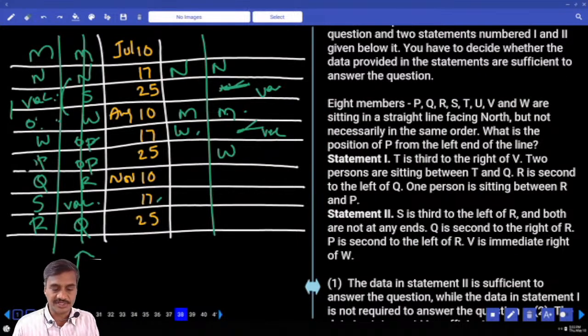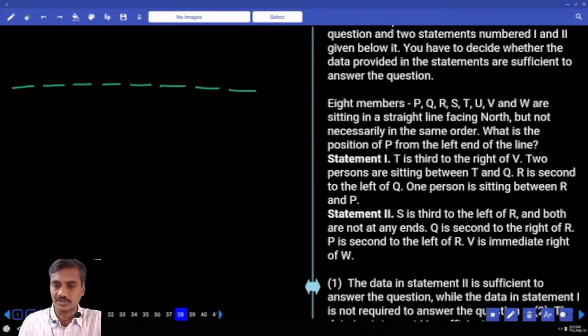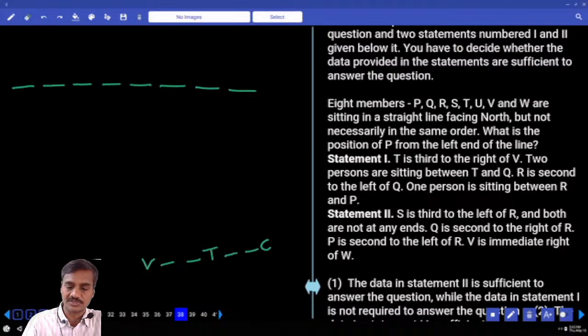Now in this 38 there are some 8 persons sitting in a straight line. Then what is the position of P from the left end of the line? Now we need to find out the position of P from the left end of the line, isn't it? Now from the left end of the line, how many persons are there? 3, 4, 5, 6, 7, 8. Now in this T sits to the right of V, and 2 persons between P and Q, Q is here.